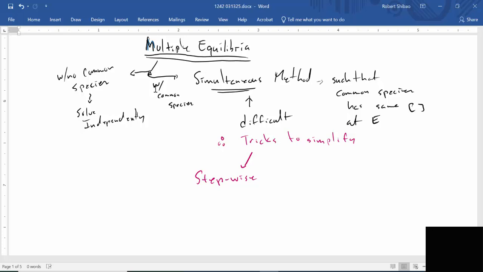Stepwise doesn't work all the time. It works only if successive steps do not perturb prior steps.